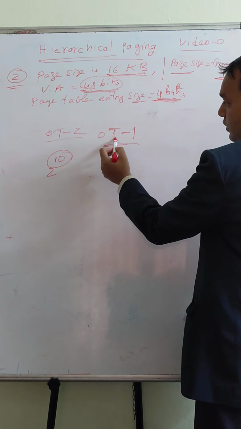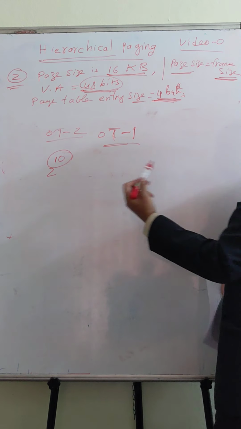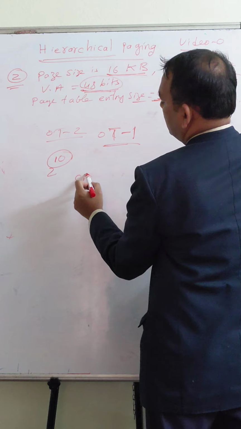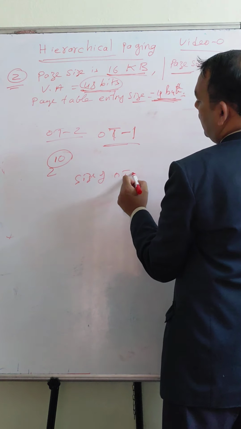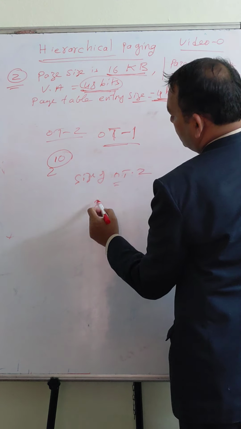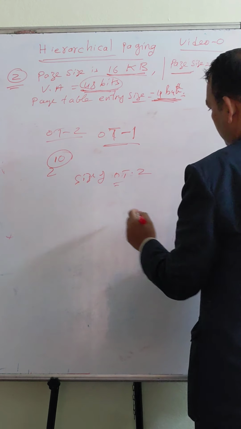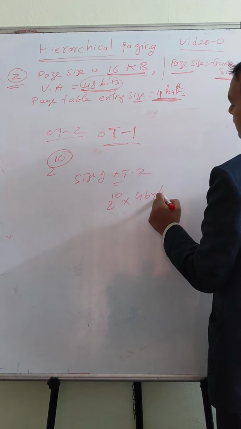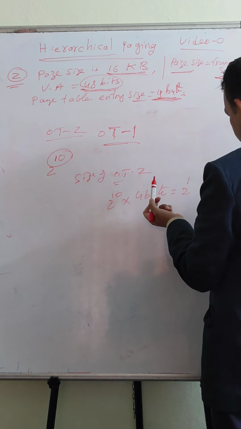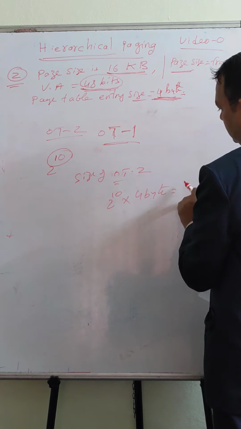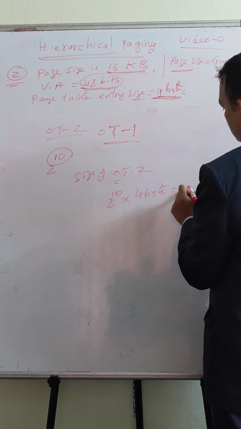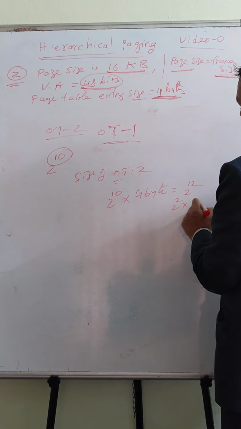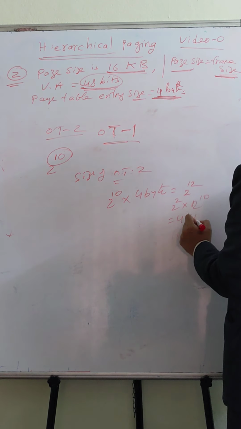Outer table 1's pages, 2^10 pages. So the size of OT2 is 2^10 times 4 bytes per entry, which is 2^2 times 2^10, 2^12, which is 4 KB.